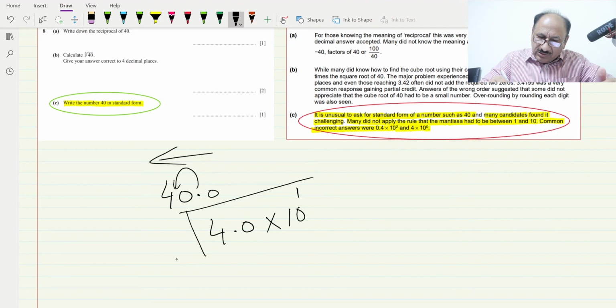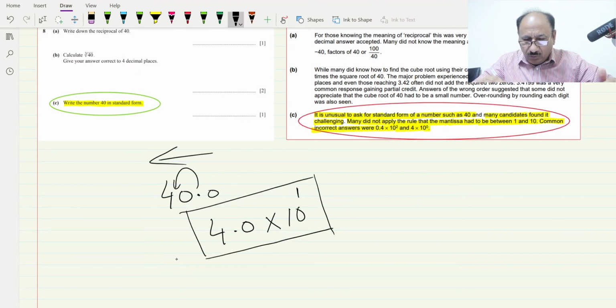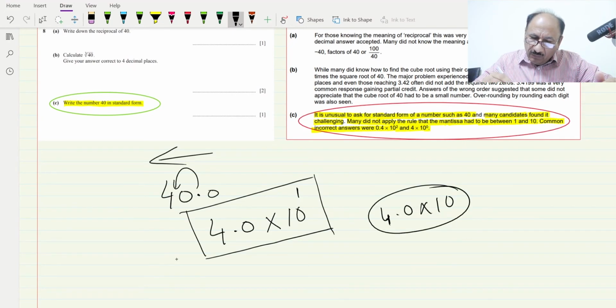So this is basically the standard form answer we can provide as 4.0 into 10 raised to the power 1, or 4.0 into 10. This will be the final answer. Better to write 4.0 into 10 raised to the 1 or 4.0 into 10.